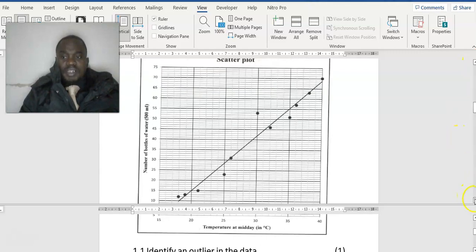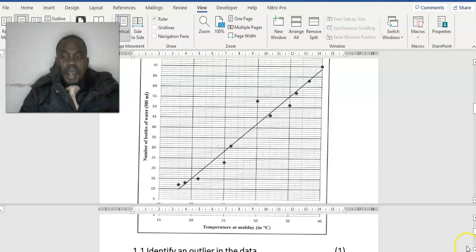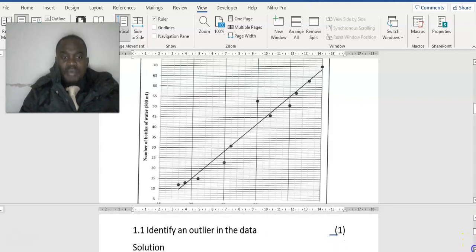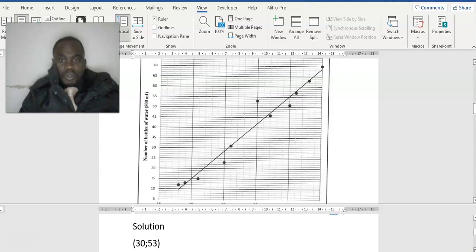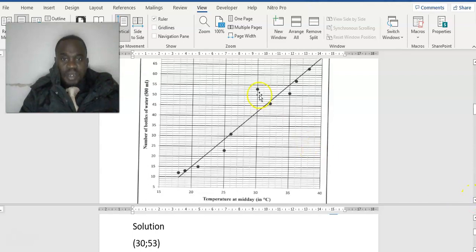Okay, so let's see how we can get the outlier. We need the coordinates of the outlier. So if you check this outlier, the x value here is 30. And what is going to be the y value? The y value here is 50, 51, 52, 53.